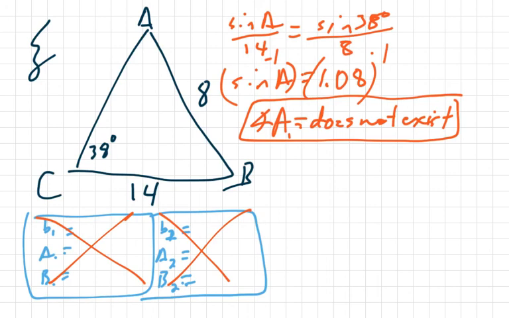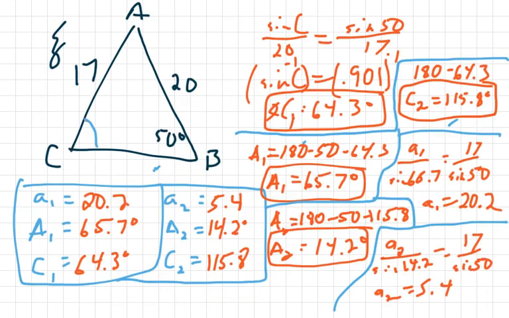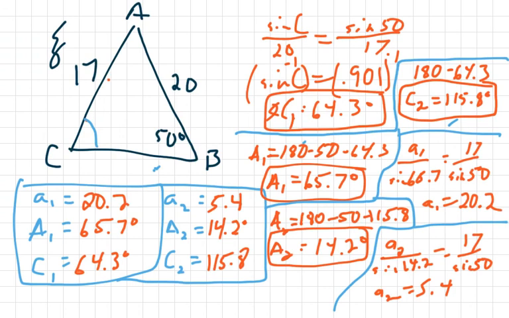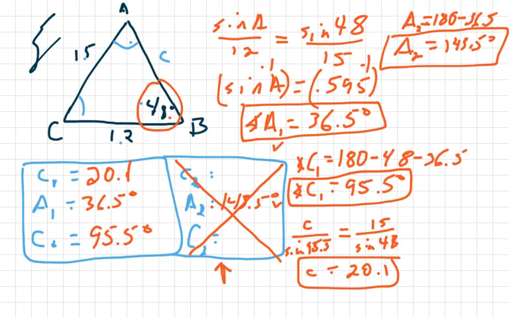But if a person cared enough, if you look at your side and your angle and the other side, notice here, the side here is smaller than this side. Now, this isn't written in stone anywhere. If you look here, this side is smaller than this side as well. If you look here, this side is bigger than this one here.